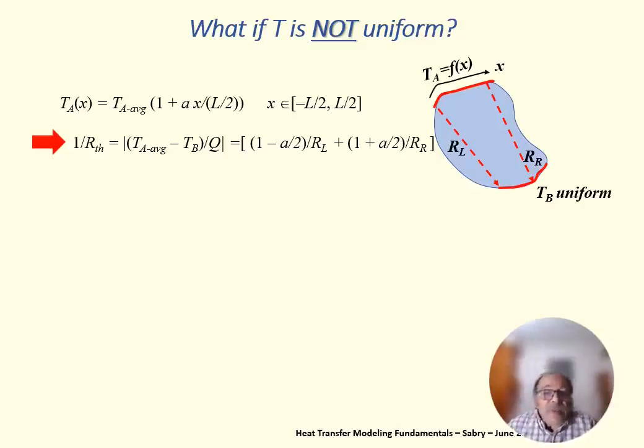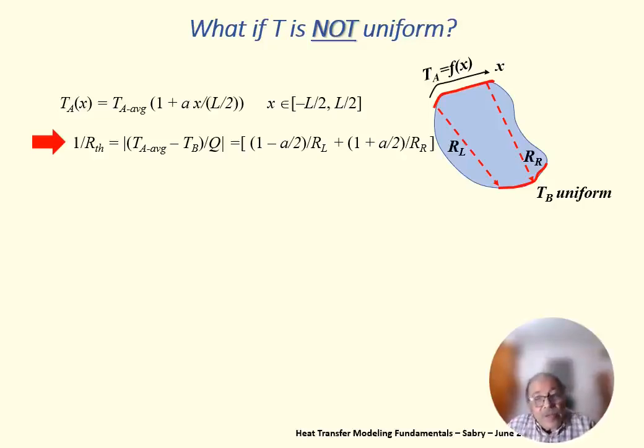It may be different because paths may be of different lengths, or may encounter materials of different thermal conductivity, etc. In general, we may have two different thermal resistances, R left, RL, and R right, RR.